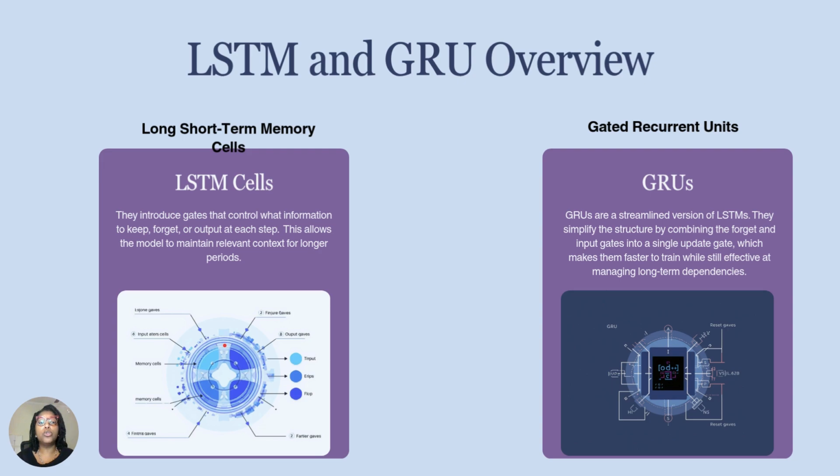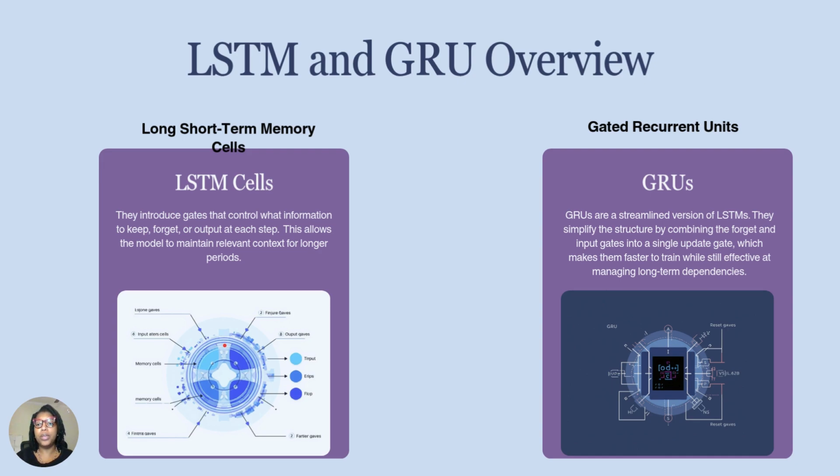This allows the model to maintain relevant context for longer periods. Now, the gated recurrent units are streamlined versions of the LSTM cells. They simplify the structure by combining the forget and input gates into a single update gate. This makes it faster to train while still effective at managing long-term dependencies.